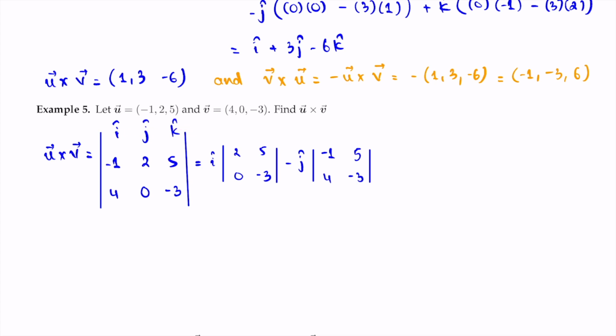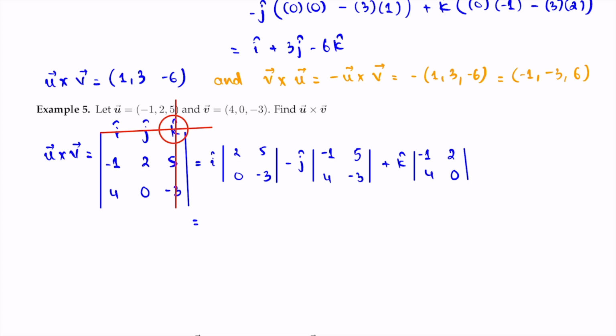Then you turn to k. When you switch the column, you change to positive k, delete the corresponding column and the corresponding row of k, and you have the 2 by 2 determinant of the form -1, 2, 4, 0.